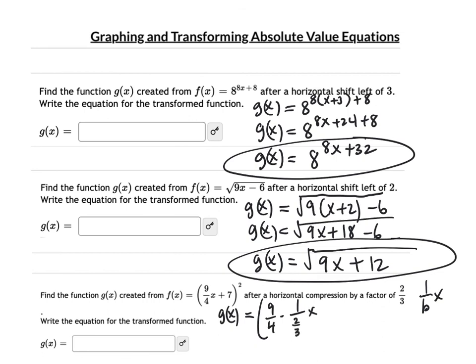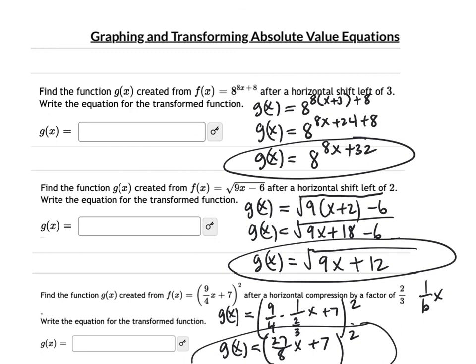So 1 over b times x plus 7. Now the 2/3 will get flipped, and I'll take the 3 times the 9 and the 2 times the 8. So my final answer is going to be g of x equals 27 over 8x plus 7 squared. Squeeze it in there at the bottom.